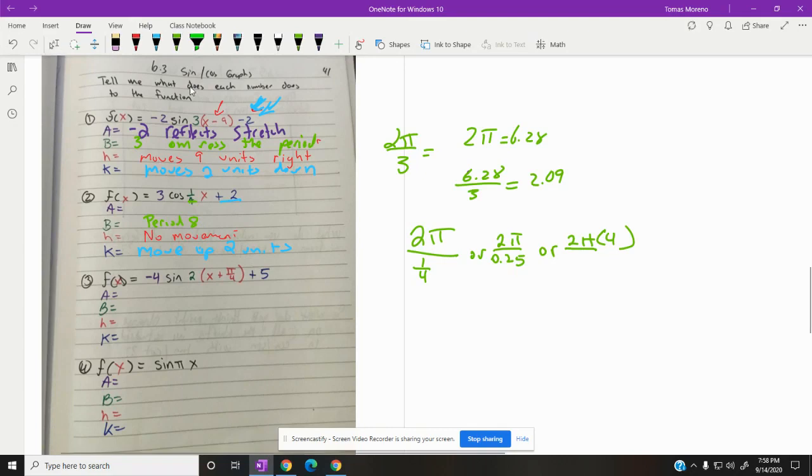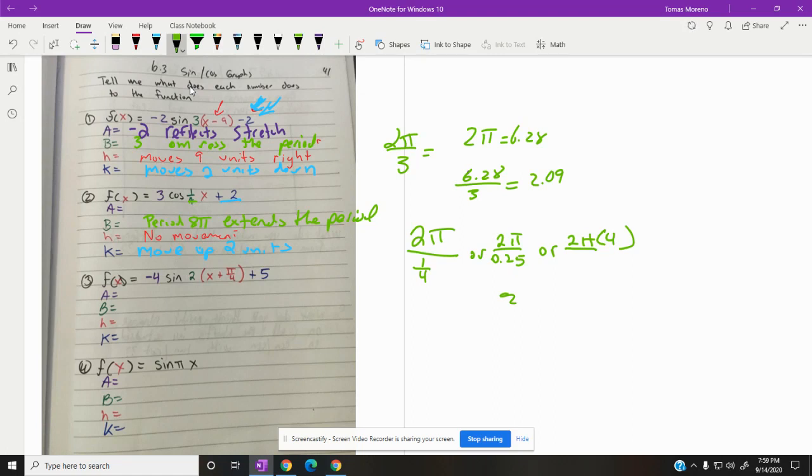So it actually extends it. Okay, hold on, I'm having a little issue here. Okay, there we go. So 8 pi, which means it extends the period. Next one.